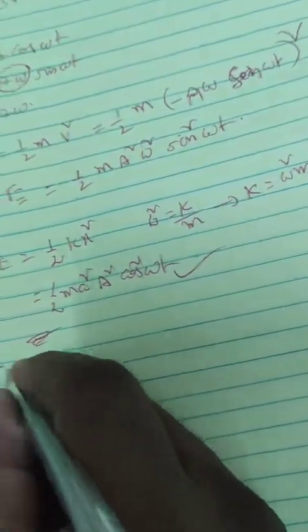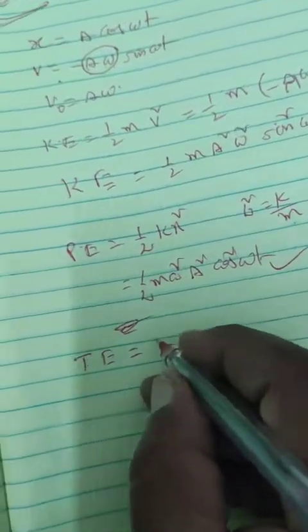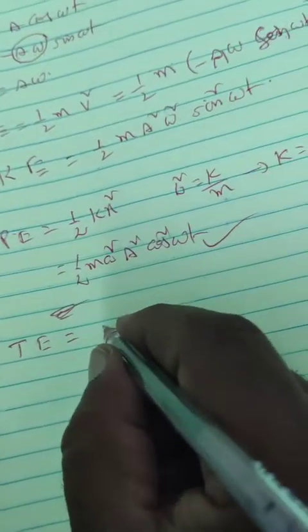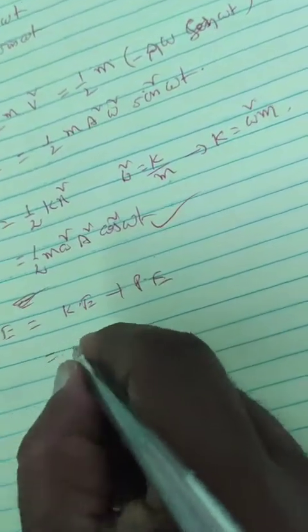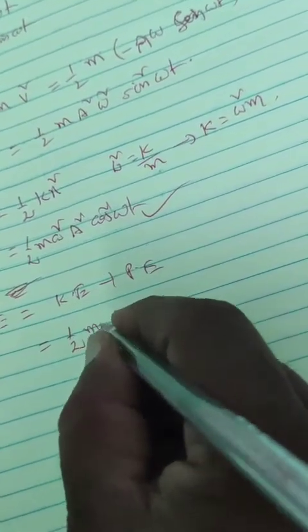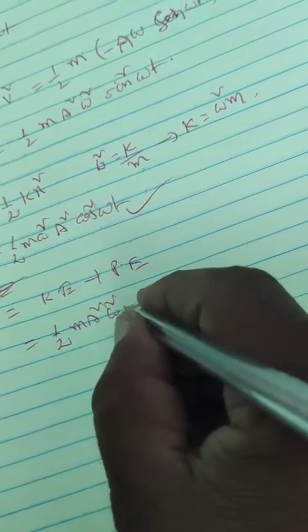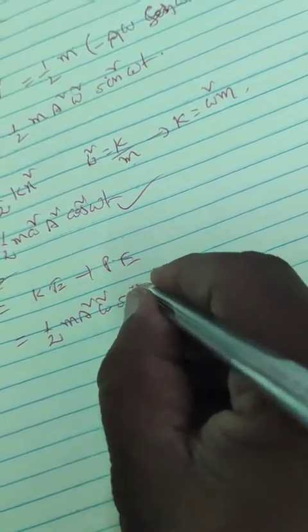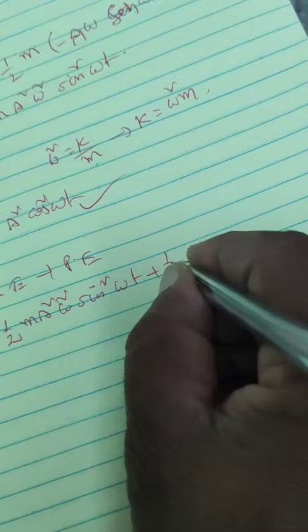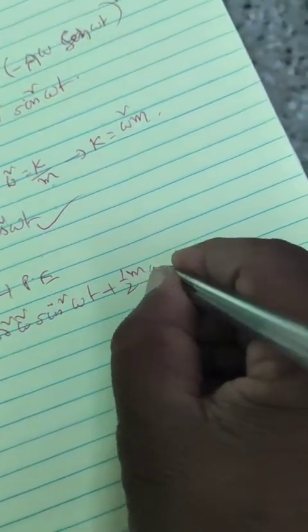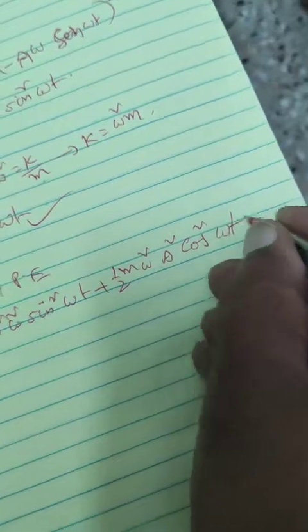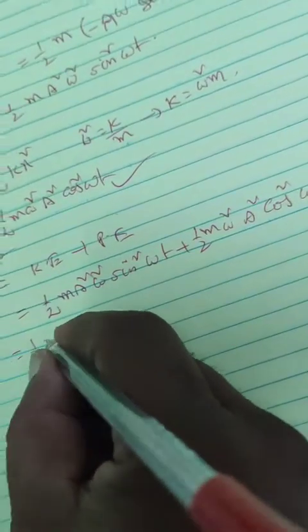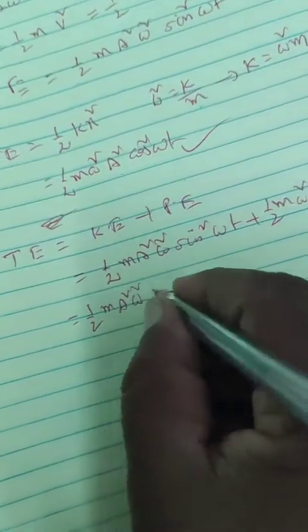Now you want to find out total energy, whether it is constant or not, we are going to check now. Total energy means the sum of kinetic energy plus potential energy. That means half m a square omega square into sin square omega t plus half m omega square a square cos square omega t. So in both, what is common? Half m a square omega square is common.